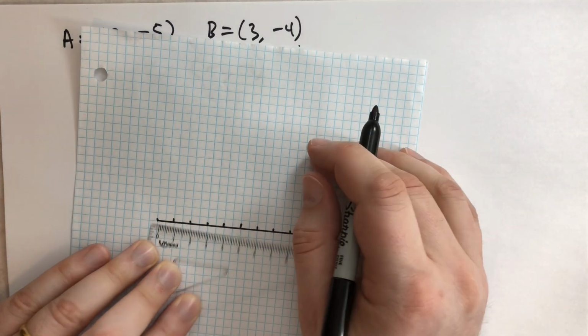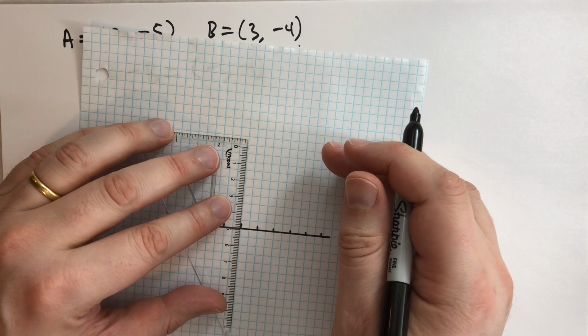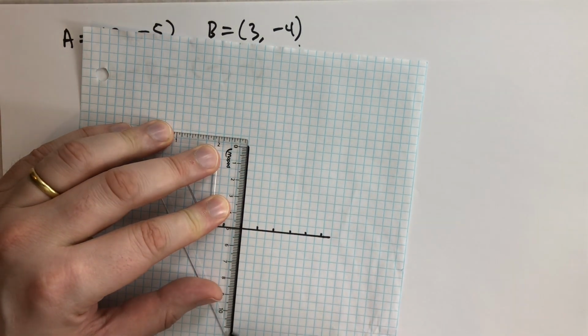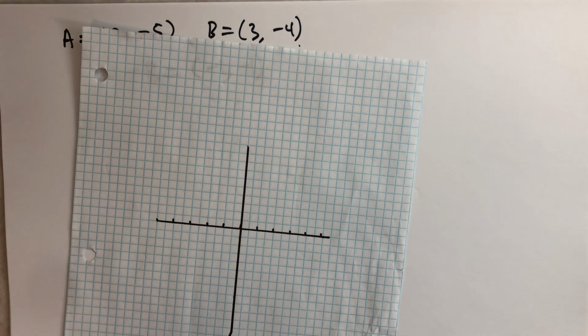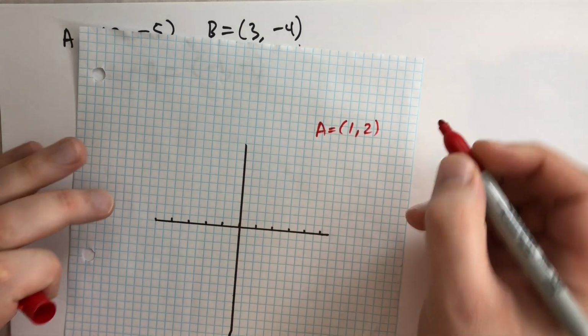It doesn't quite line up exactly, it's close though. And we're going to do something like that for the vertical axis. All right, so we have the point A equals (1, 2).